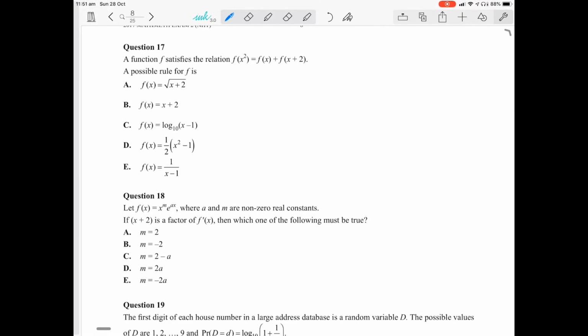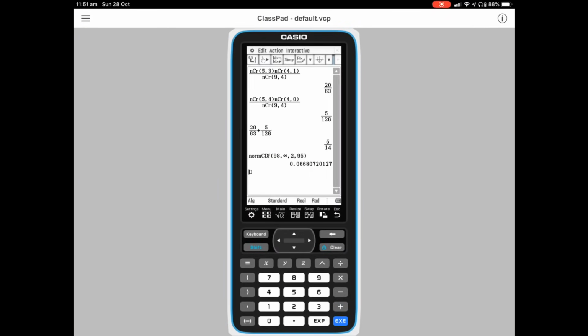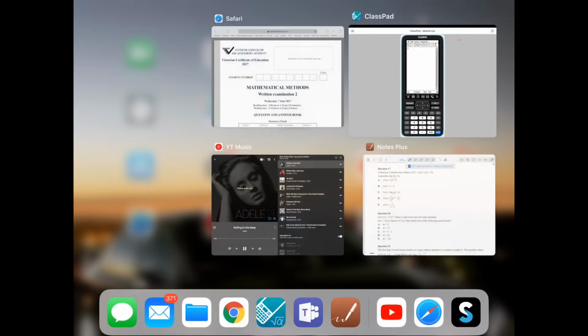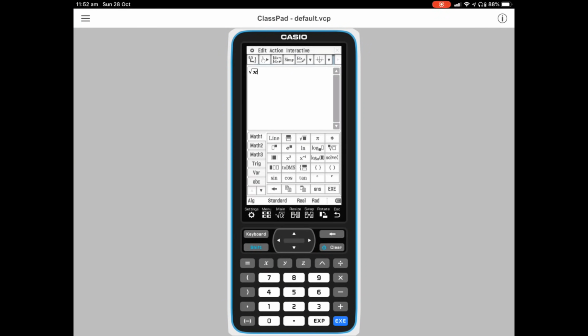Okay, the function satisfies that relation, f of x squared. Okay, what was my first function? Root x plus 2. So I'm going to define that first, x plus 2. And then I'm going to use the judge function in the calculator. f of x squared is equal to f of x plus, I don't remember if this is it, but let's give it a bash.